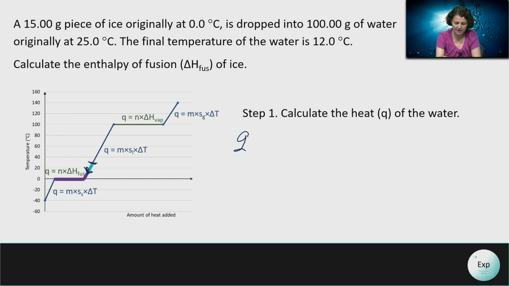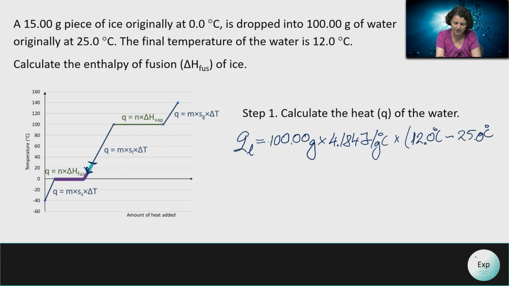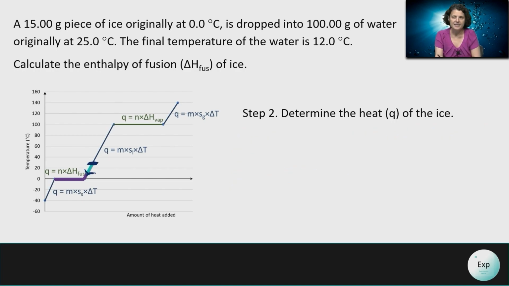For this calculation, we say that the heat of the water in the liquid phase is equal to the mass of the water, which in our case is 100 grams, times the specific heat of water, which is 4.184 joules per gram Celsius, times the temperature change, final temperature, 12 degrees Celsius, minus initial temperature, 25 degrees Celsius. This gives us a heat of the water of minus 5,439 joules.